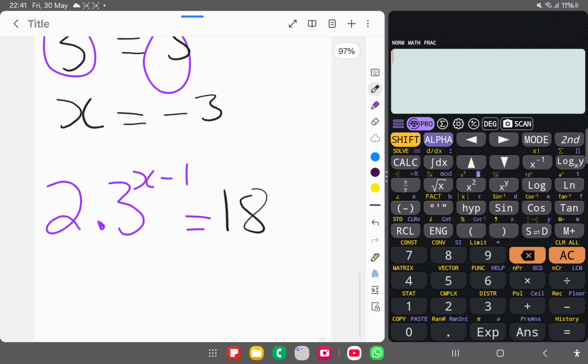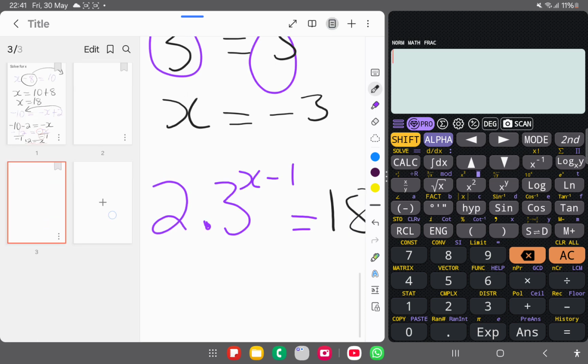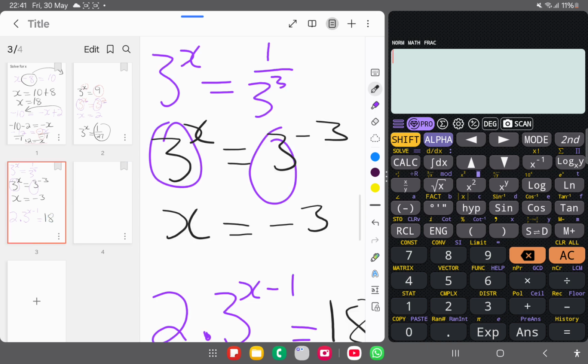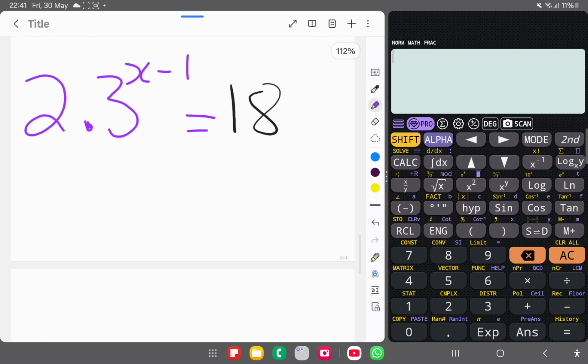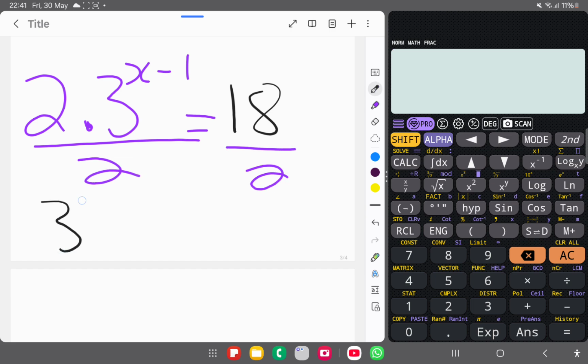For us to be able to solve this, let me add another page. We have to divide both sides by 2, and then we're left with the one that has x, which is 3 to the power of x minus 1. The answer here will be 9.